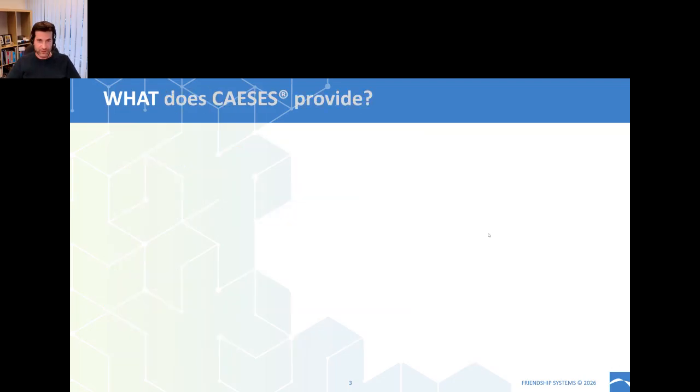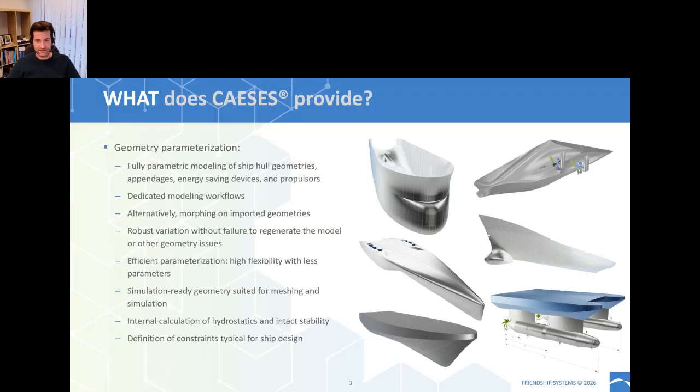If we look at what Cases provides, as I said, the first and probably most crucial component of Cases is geometry parametrization. So you can create fully parametric models of arbitrary geometries, in this context specifically ship hull geometries, but also appendages, energy-saving devices, propellers, and so on.